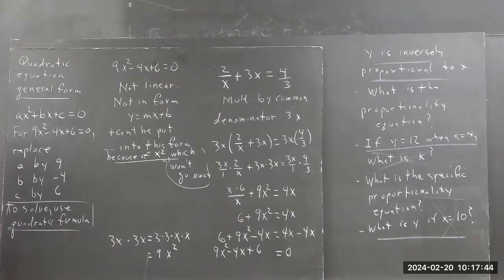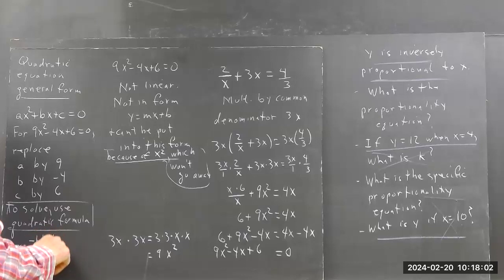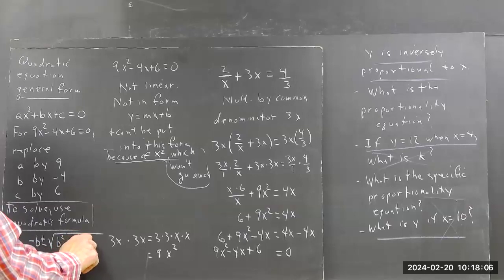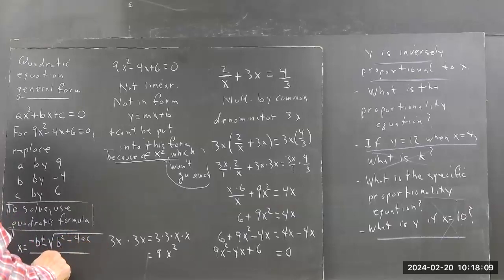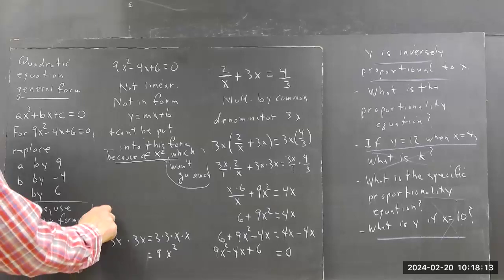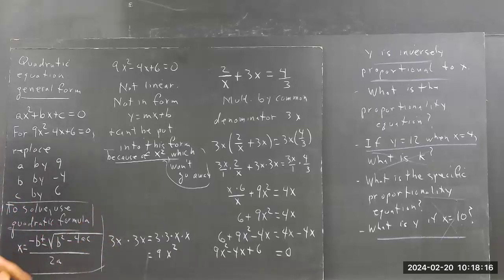The full statement is: if ax squared plus bx plus c equals 0, then the solutions are x equals -b plus or minus the square root of b squared minus 4ac, divided by 2a. That's it.